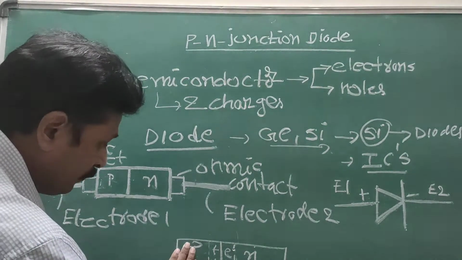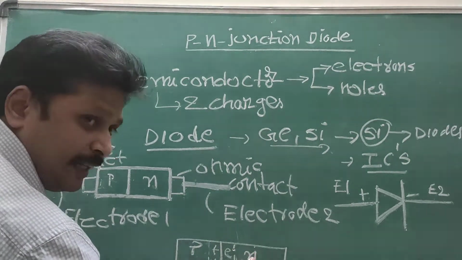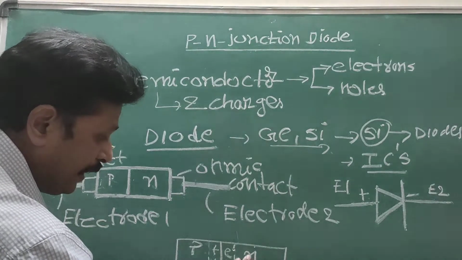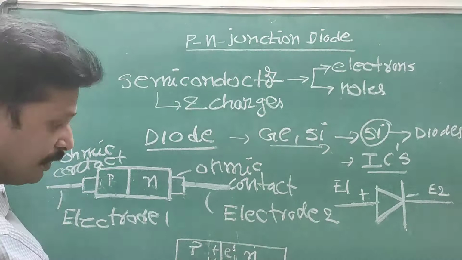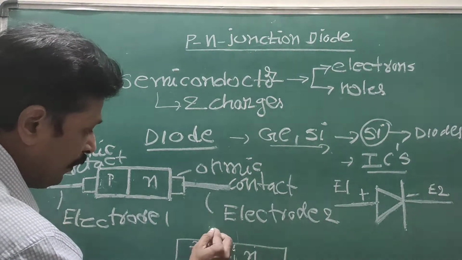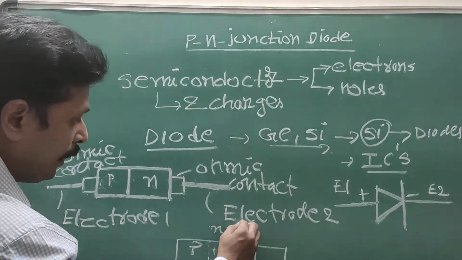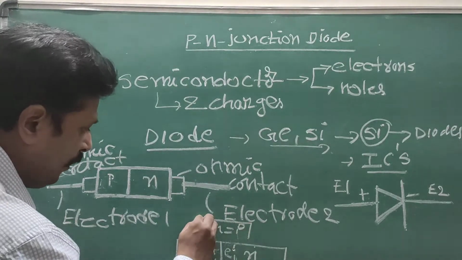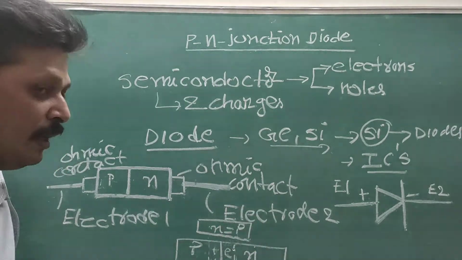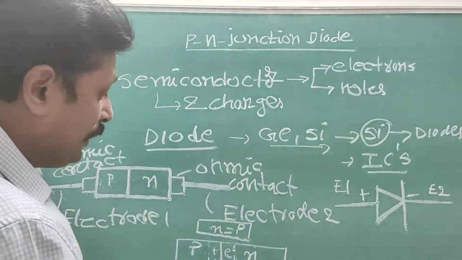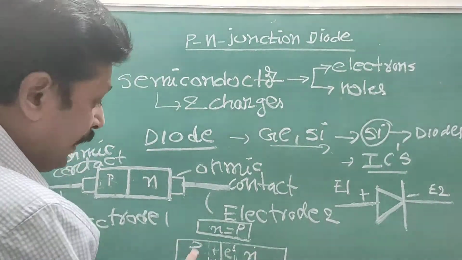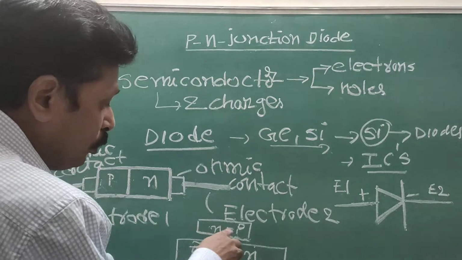the movement of the holes from the P side to the N side. Similarly, electrons from the N side to the P side, because these are equal on both sides. That indicates that the number of electrons is equal to the number of holes. Whenever the number of electrons and holes are equal, that is a neutral state, or thermal equilibrium, or room temperature, at which the electron and hole counts are equal.